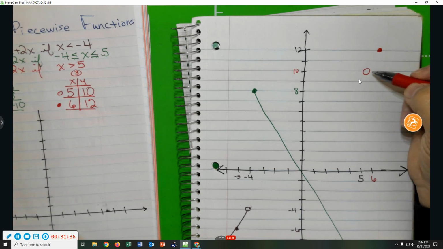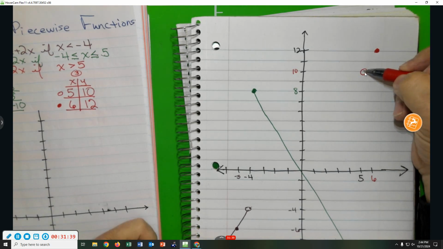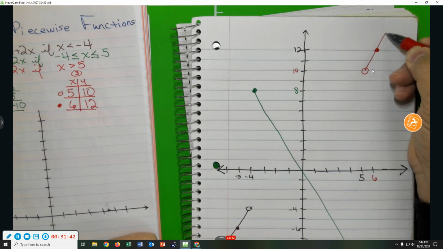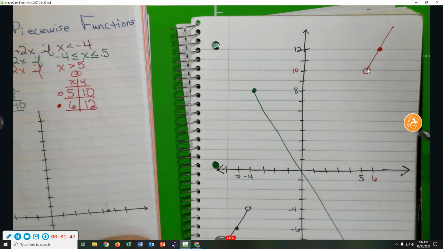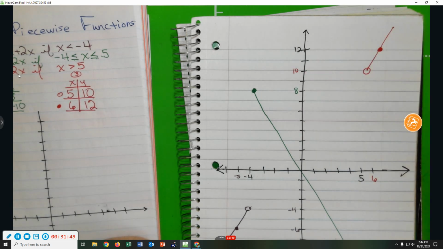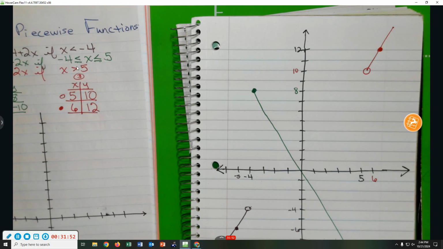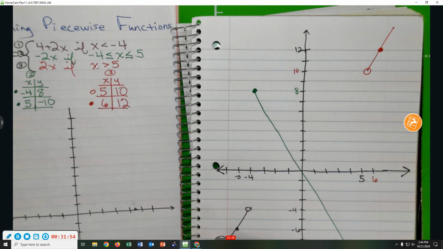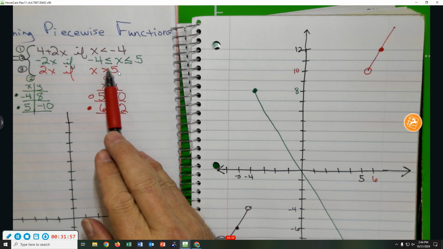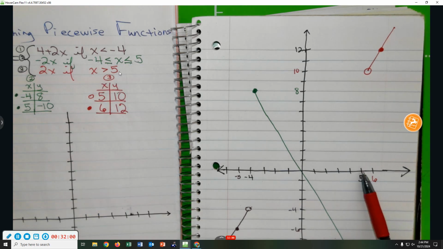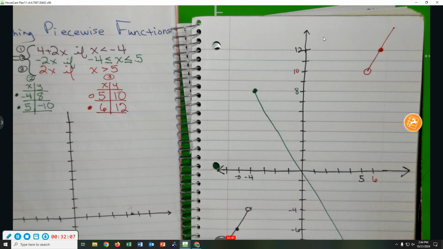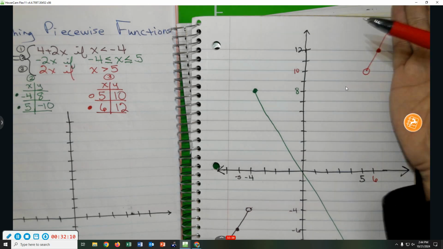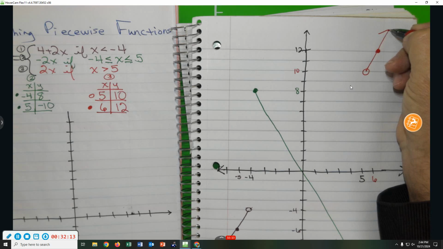The graph starts at the cut point, 5, 10, and it goes to the right. Does this third piece stop? Is it like this thing here, where it starts and stops? Or does it keep going forever? Numbers bigger than 5. On the x-axis, does that interval ever stop? No, so it keeps going to the right, so the right side of the graph has to keep going.